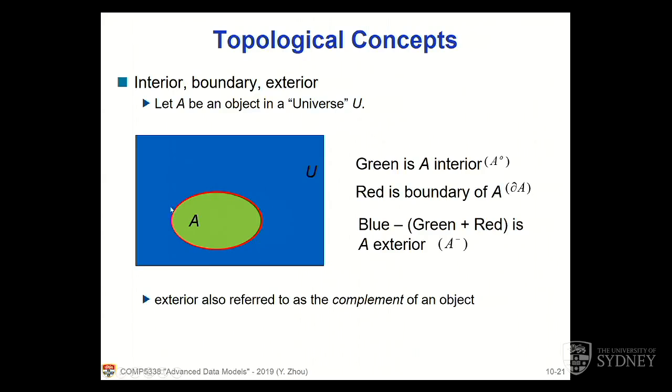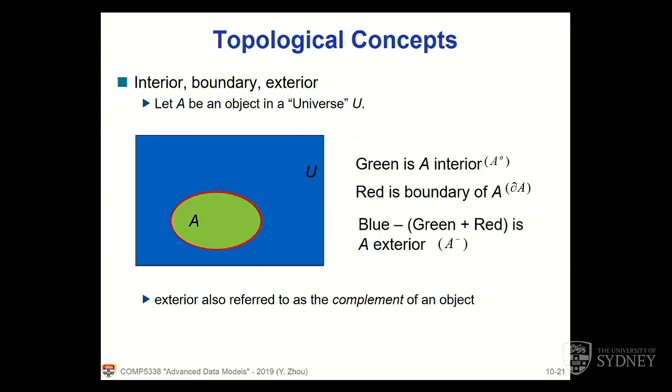So for instance, if this is an object, the green is this object's interior, and the red one is its boundary. Right? And then suppose this is the universe, U, and the blue part is the exterior.